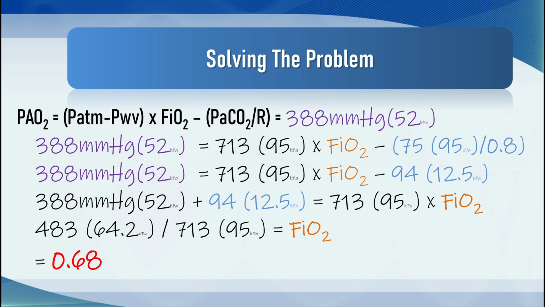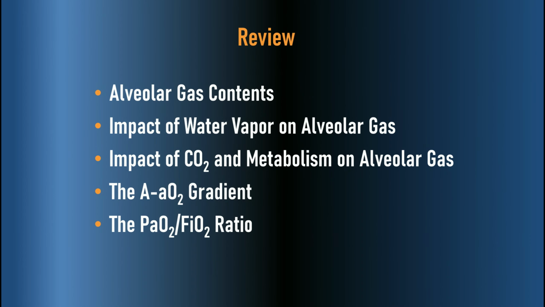Let's review the tutorial. In this tutorial, we talked about the contents of alveolar gas, the impact of water vapor on alveolar gas, the impact of carbon dioxide and metabolism on alveolar gas, so that we could solve the alveolar gas equation. From this, we were able to calculate the A minus a O2 gradient.